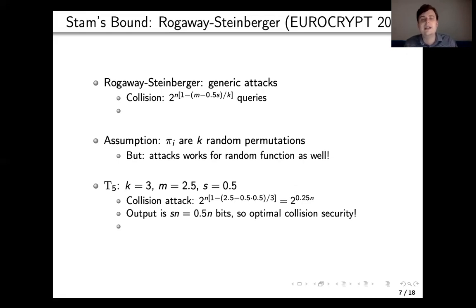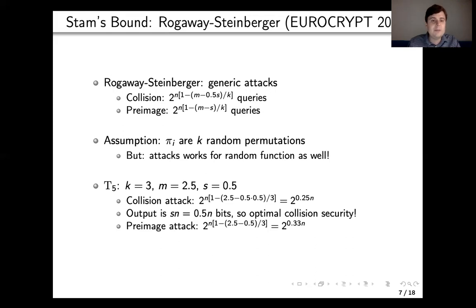At least there's no generic attack given by Rogaway and Steinberger, because a generic attack on any construction providing 0.5 n-bit output would be using 2 to the power 0.25 n queries. Okay, so Rogaway and Steinberger are not ruling out that there might be a construction using these parameters that would provide optimal collision security.